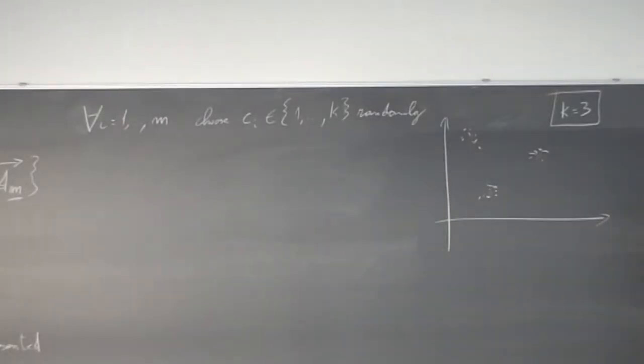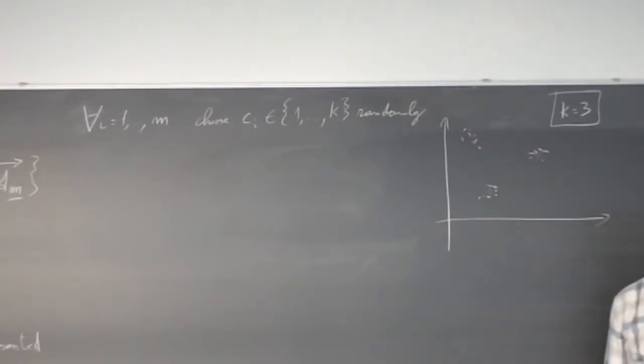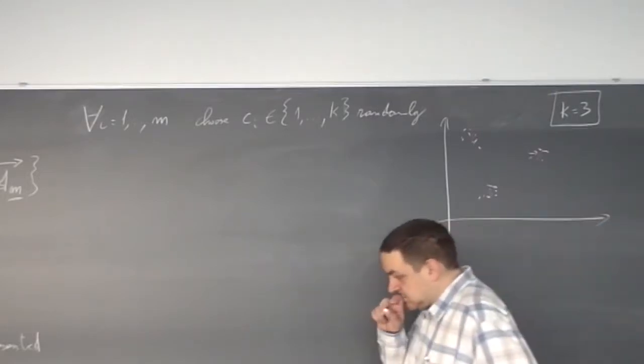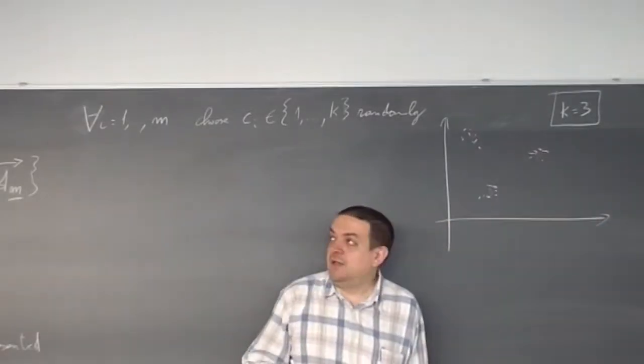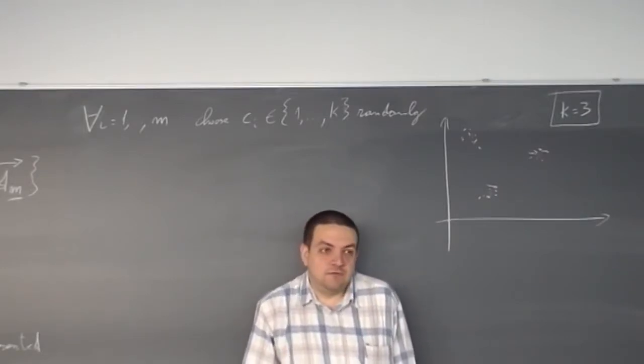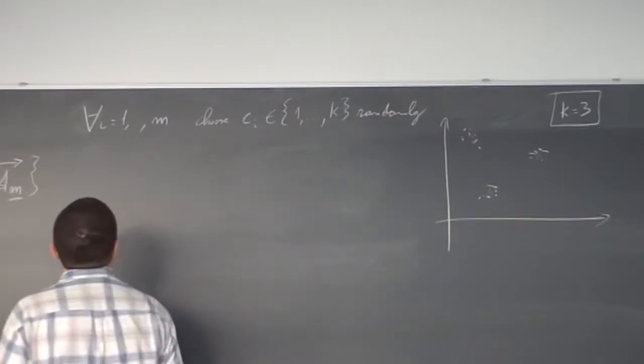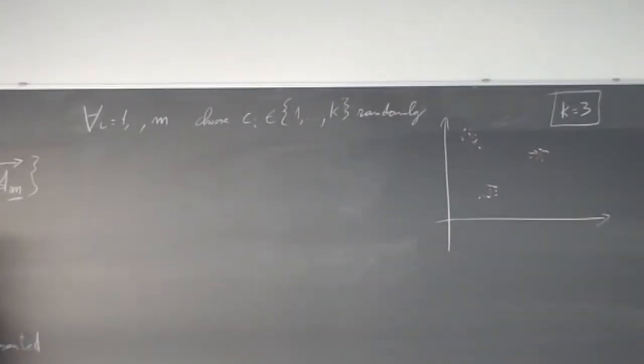Let's start by saying that arbitrarily this element belongs to cluster 1, this to cluster 3, this to cluster 2, and so on. Of course, this cluster attribution will be suboptimal. Once we have a cluster attribution, it will be refined in the next steps.